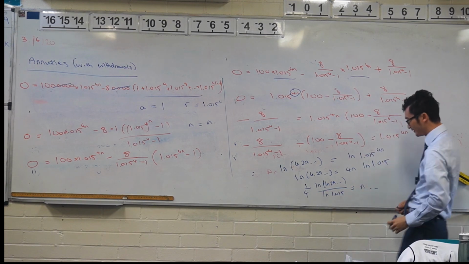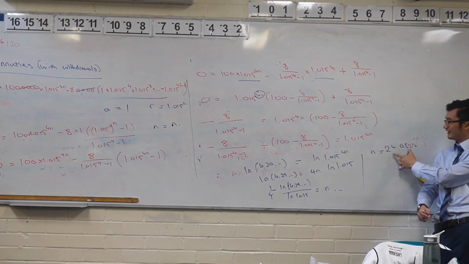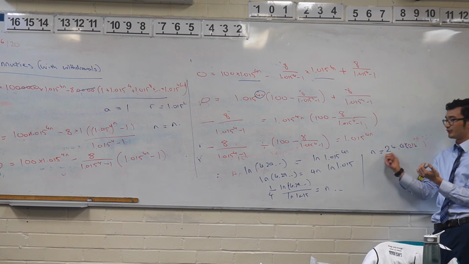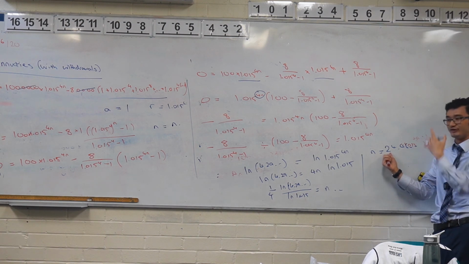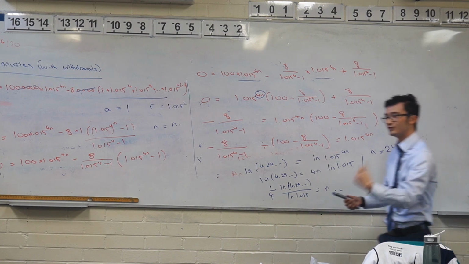Can someone put that in for me? I think you got like 24.46 or something. It's 24.46. So then if you put that in, you can't go to the 25th one, right? You have to round down in this case, because that's the last full withdrawal you can make.